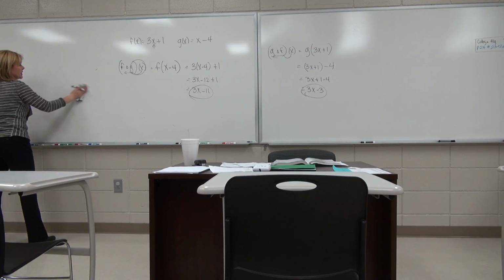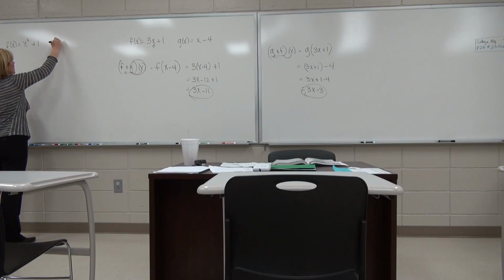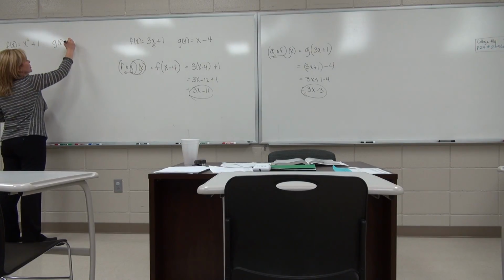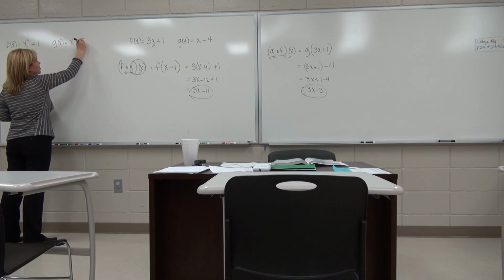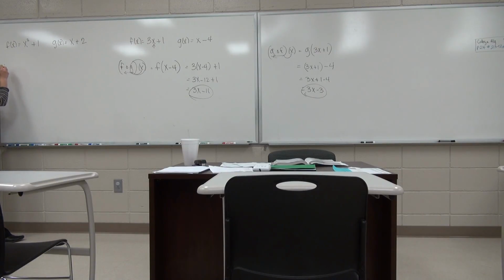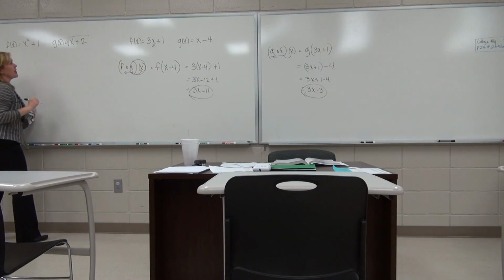Alright, let's look at another one then. This time, let's say I give you that f of x is equal to x squared plus 1, and g of x is equal to the square root of x plus 2.